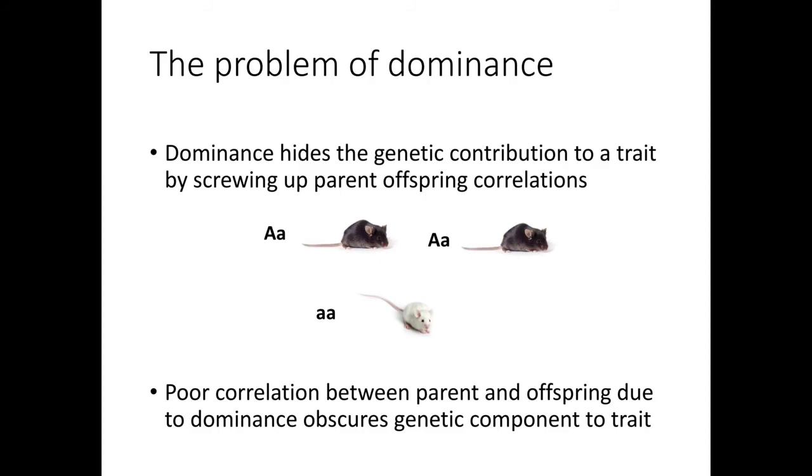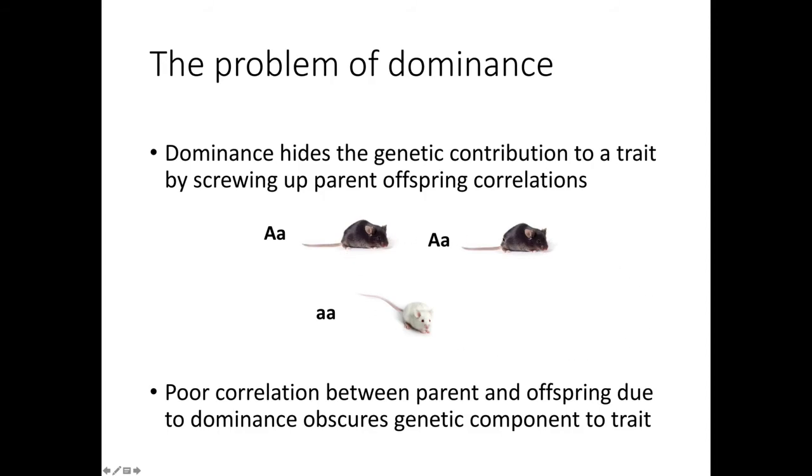So let's just think of a simple case. Here we have these mice, heterozygous big A little a, heterozygous big A little a. Now this particular color of the mice is 100% genetically determined. So broad sense heritability is 1, 100% determined by genetics.